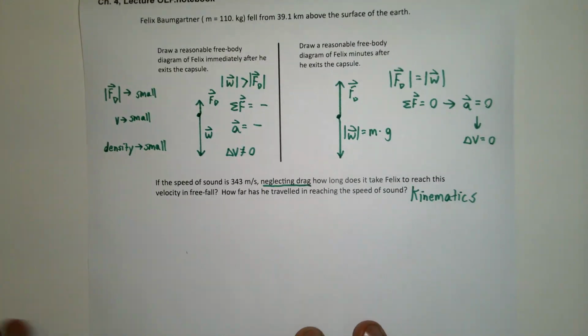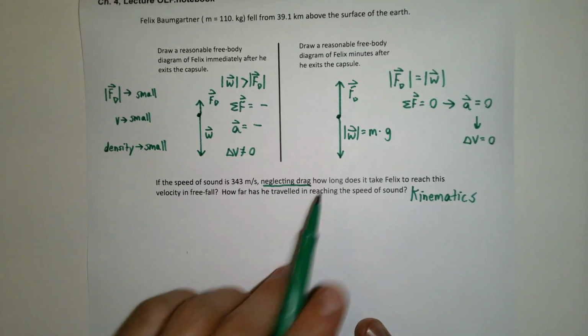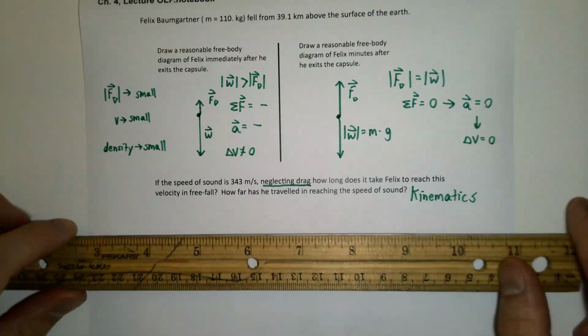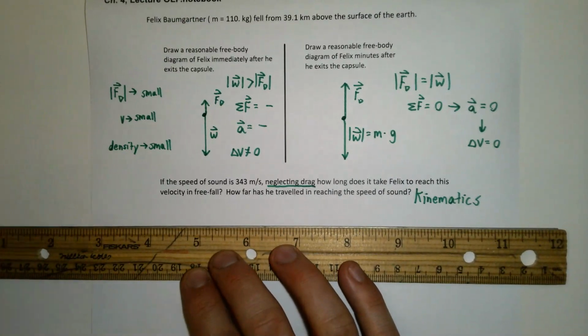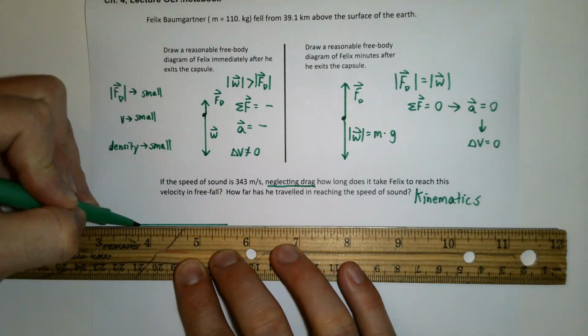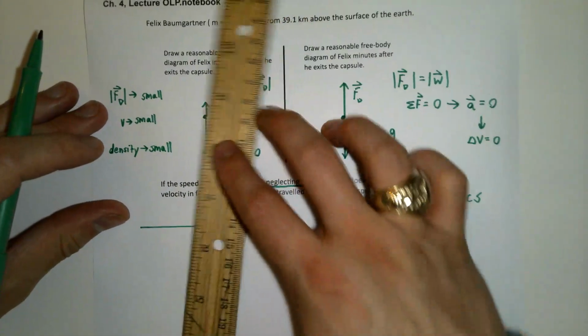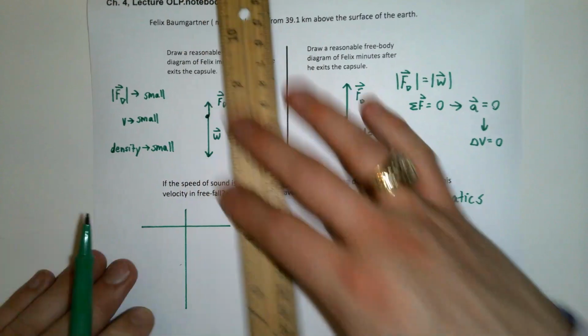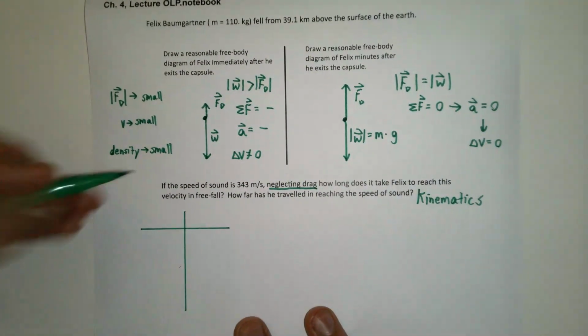Remember, our problem-solving technique for kinematics is to start with a T-chart of knowns and unknowns, so we'll draw a T-chart of what we know about Felix's motion and what we don't know.